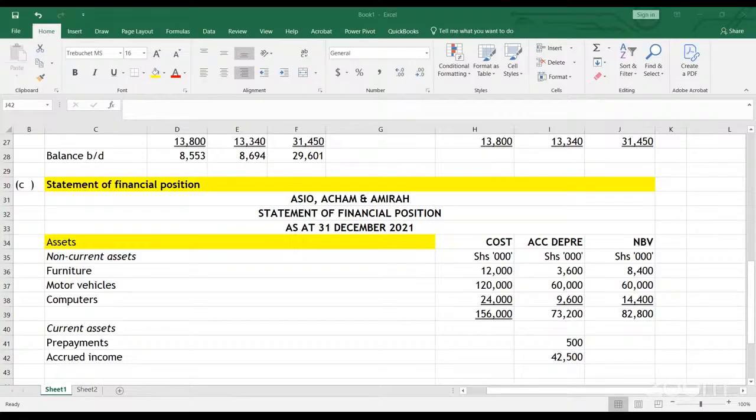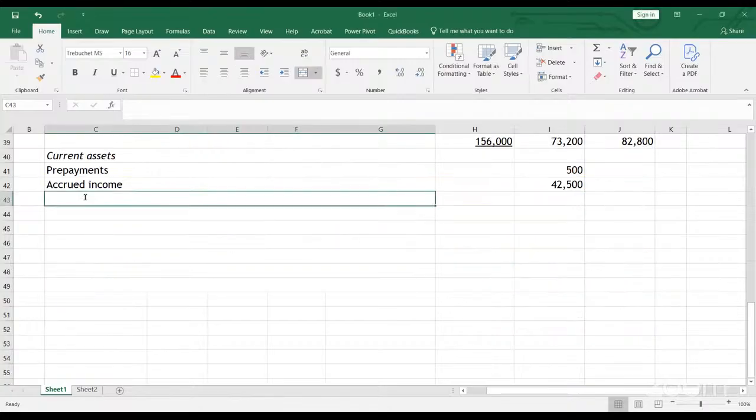Because there is some money they are receiving, it will no longer be a bank overdraft at the end. So I'll say bank. The bank overdraft is a liability of 1,200.